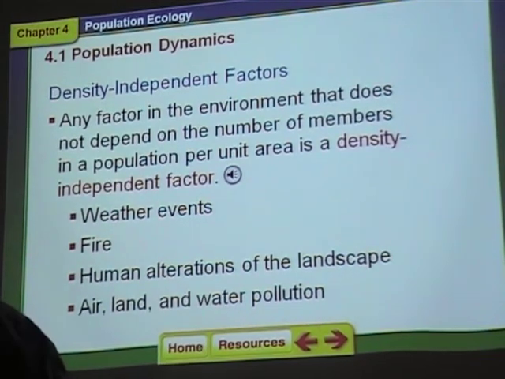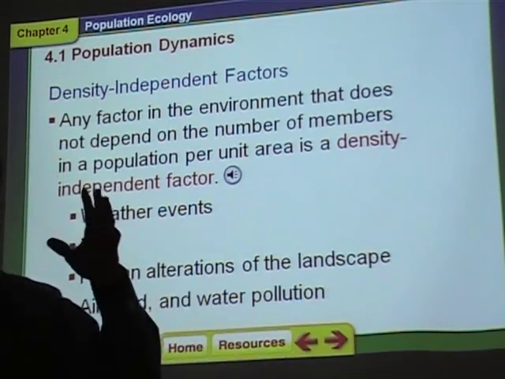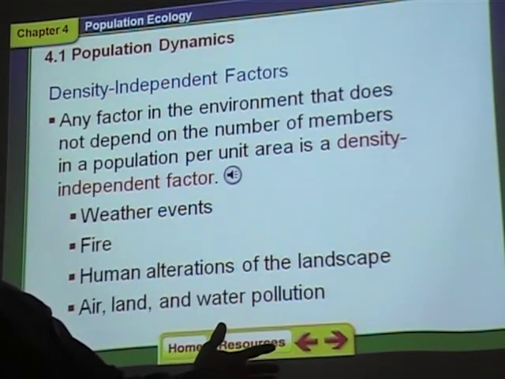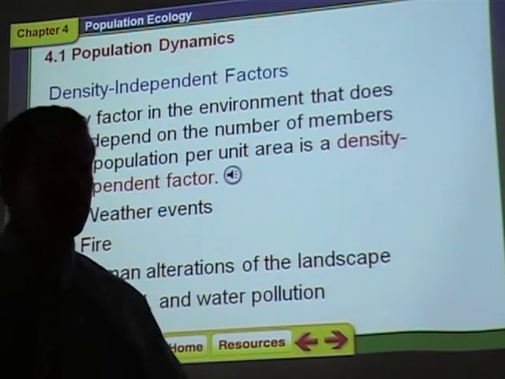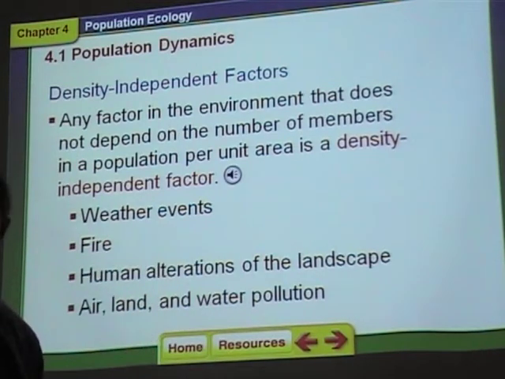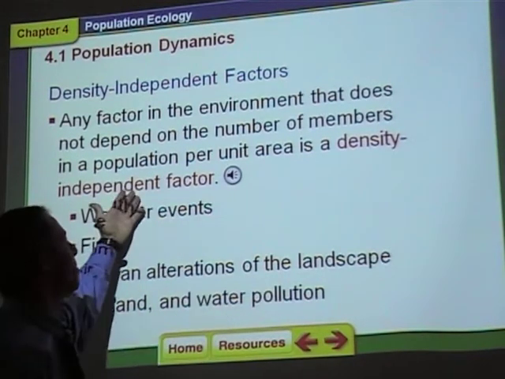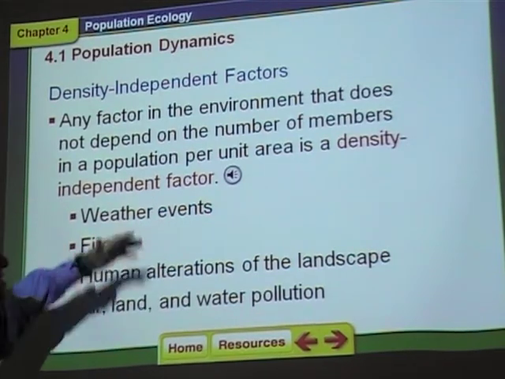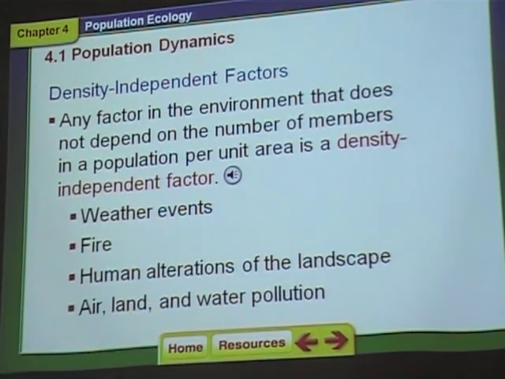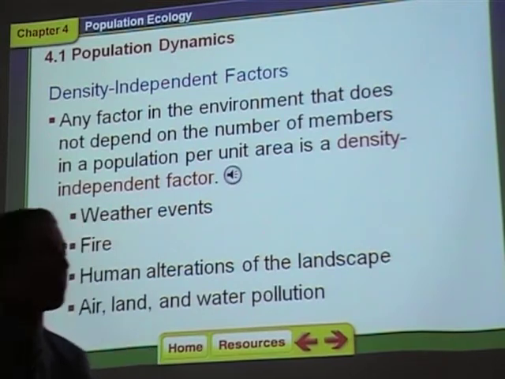A forest fire comes through a forest, it's going to reduce the population. It doesn't matter if it's a small population or a large population. If it's a big enough forest fire, it'll wipe out everything in the forest. It's density independent. If the factor doesn't care how big the population is, it treats all populations equally.